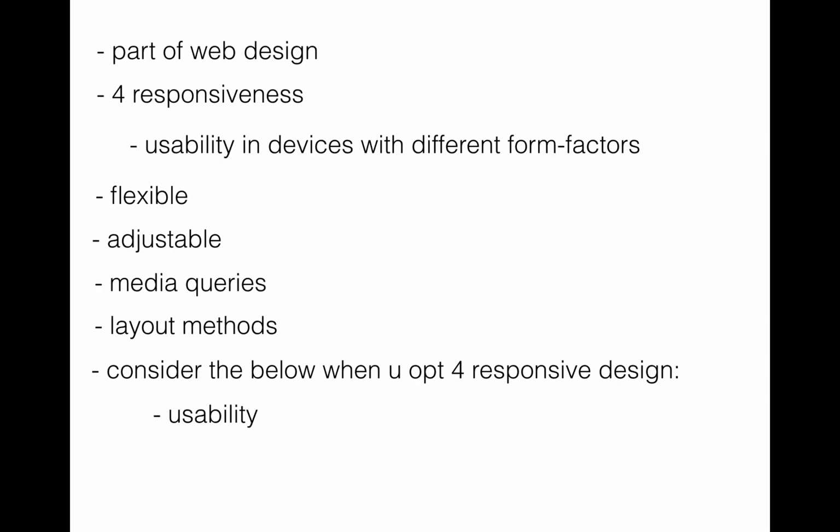We need to ensure that usability of the site or the application is not affected. Accessibility is in place, especially for people with disabilities, and performance is also not affected. That is, your responsive web app should also work when network connectivity is poor, or in fact, it should support offline features as well.